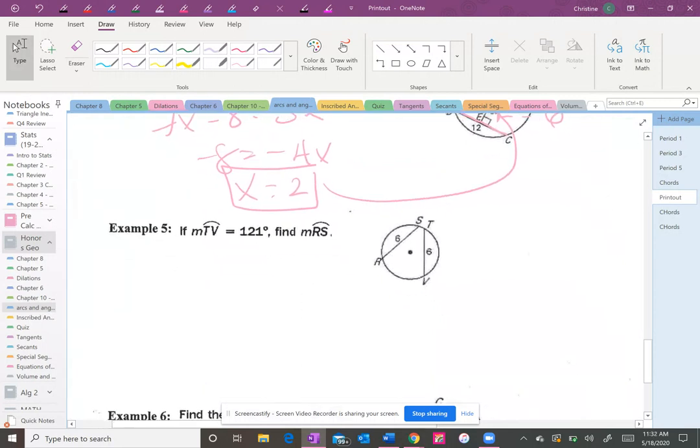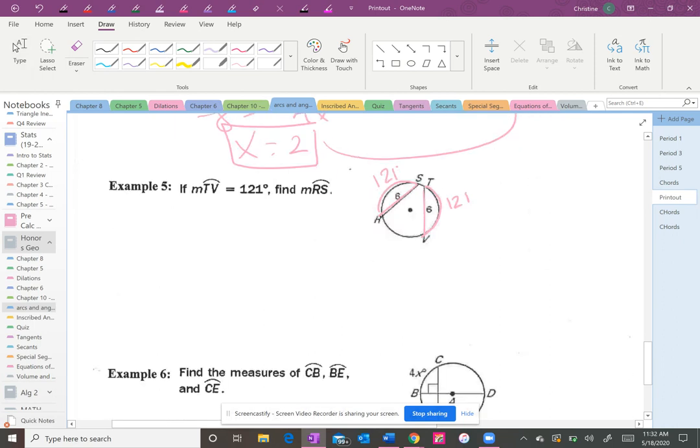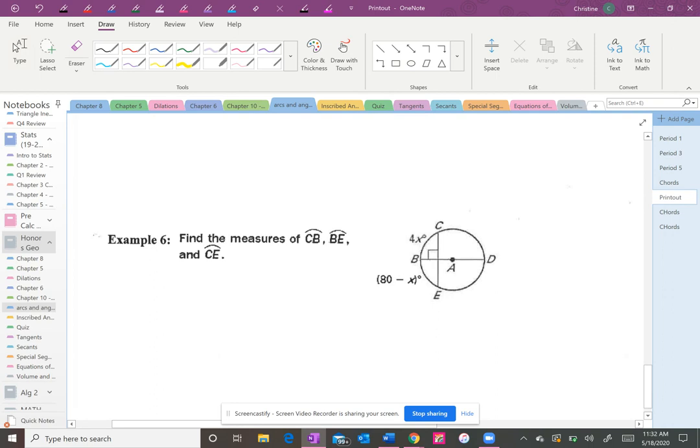The measure of arc TV is 121. And since these chords are congruent, then the arcs are also congruent. And so then this is 121. Same thing here. Since these parts of the chord are congruent, it kind of splits the arc in half, making this and this congruent.